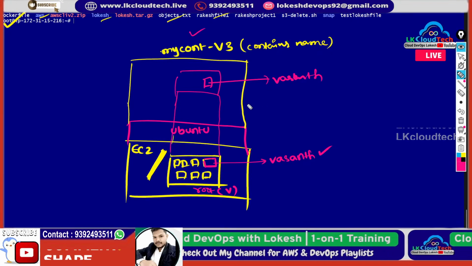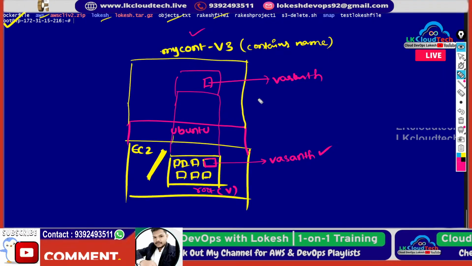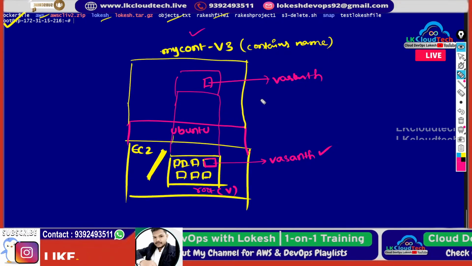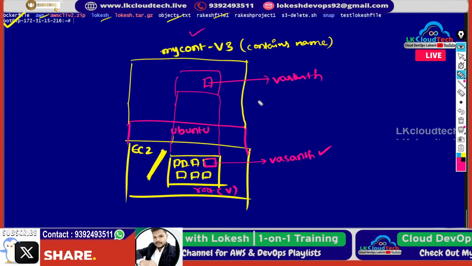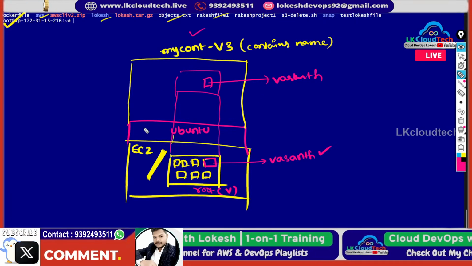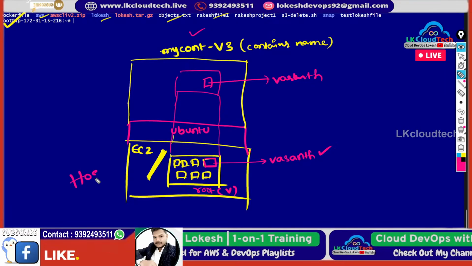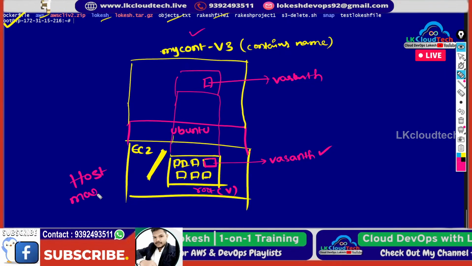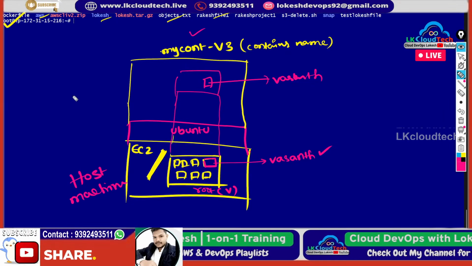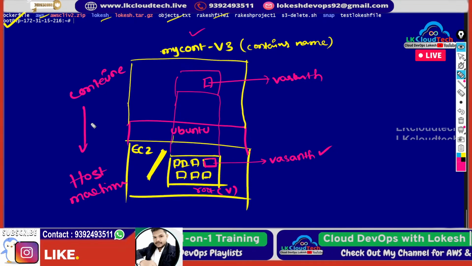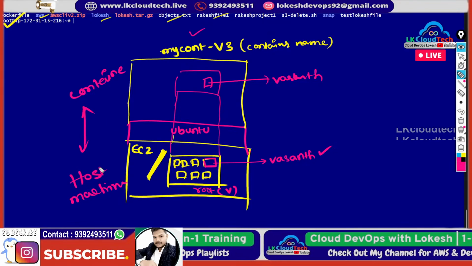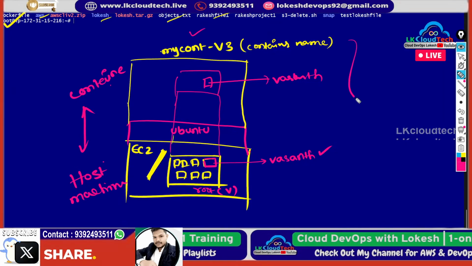You should get this Vasant file. So this is how we can set it up. So let us do it like this. This is the host machine, this is the container. We are sharing the files between host and container.